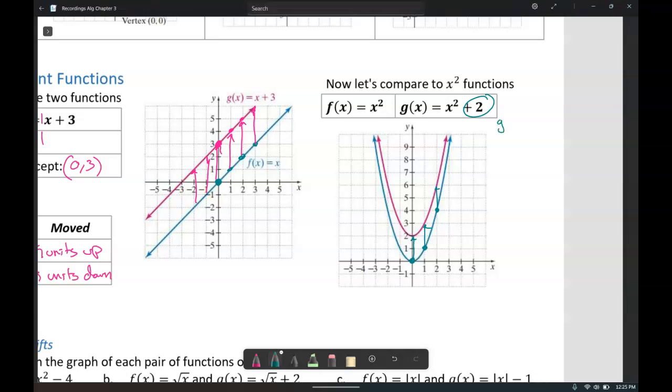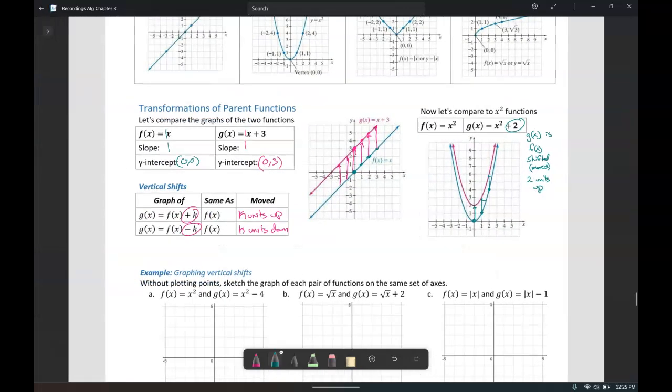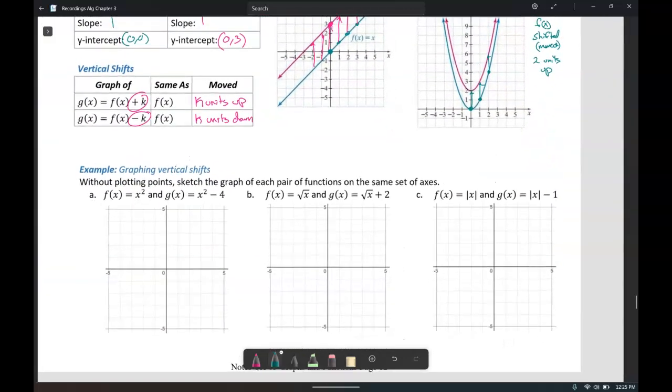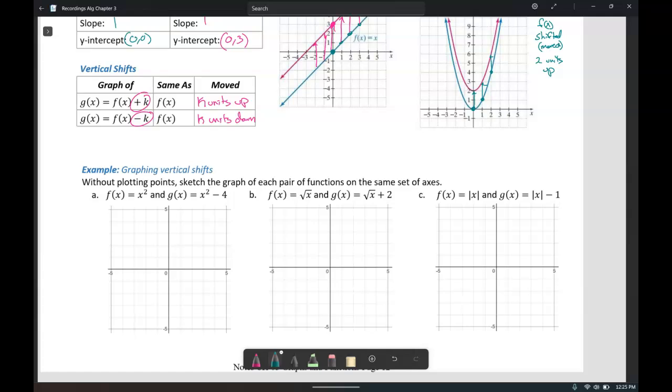So g of x is f of x shifted or moved 2 units up. This idea allows us to sketch parent functions and their transformations much more quickly without having to identify new ordered pairs. And we're going to talk about other transformations as well.